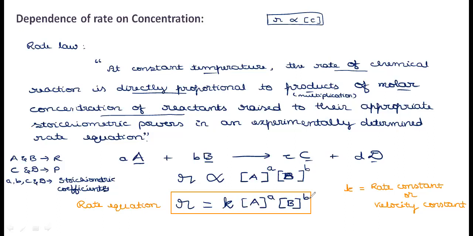The same rate equation we can take in differential rate equation form. When we are writing the differential rate, we need to take the definition of rate for the reactant. We know that for the reactants, the definition has a negative sign: negative delta concentration of the reactants divided by time taken, delta R divided by delta t, with a negative sign to indicate it is a reactant, equals k concentration of A to the power a, concentration of B to the power b.